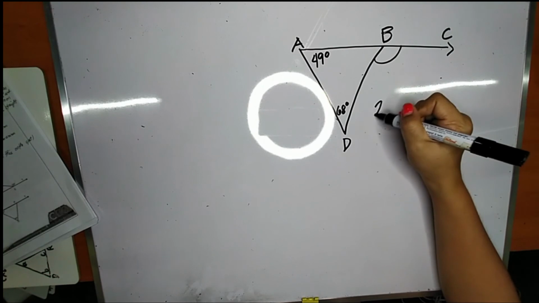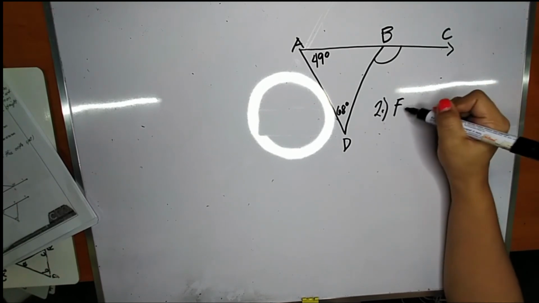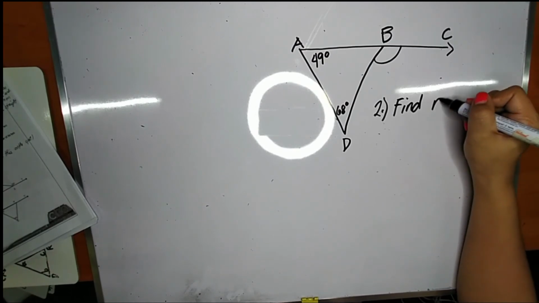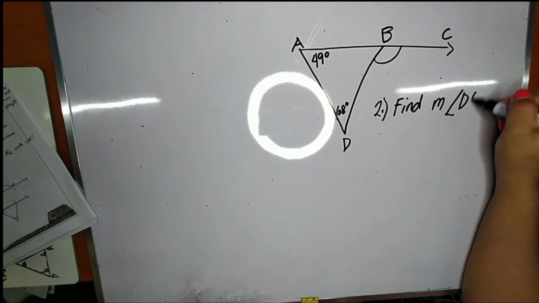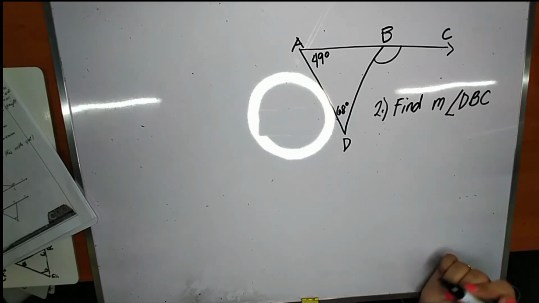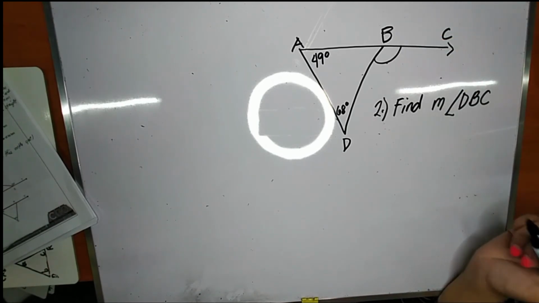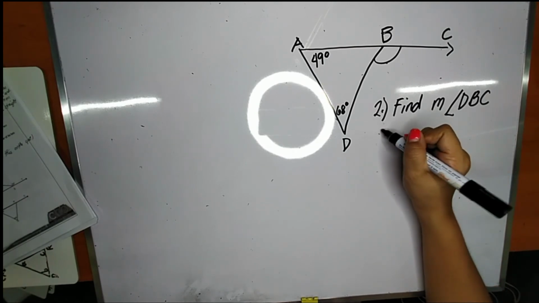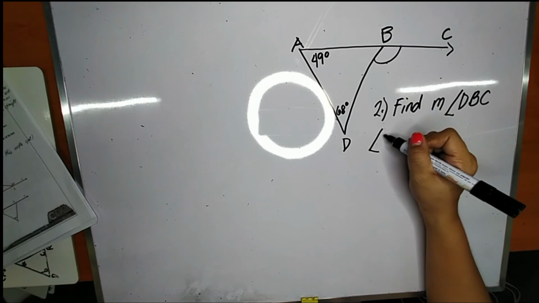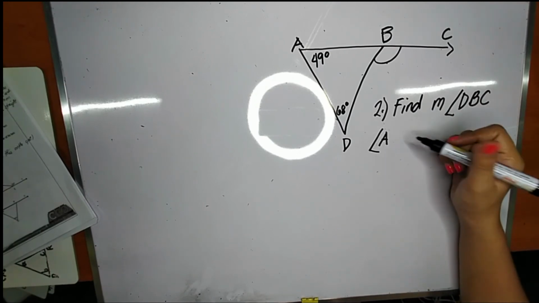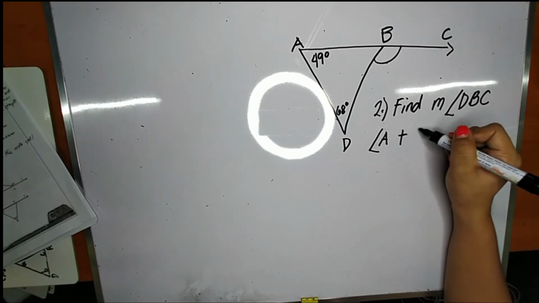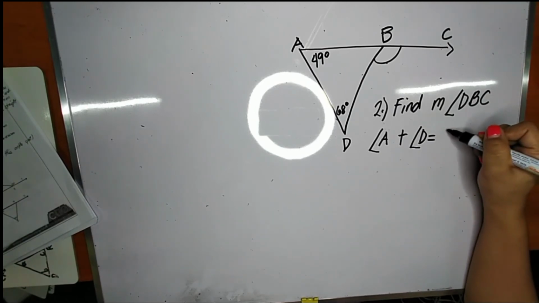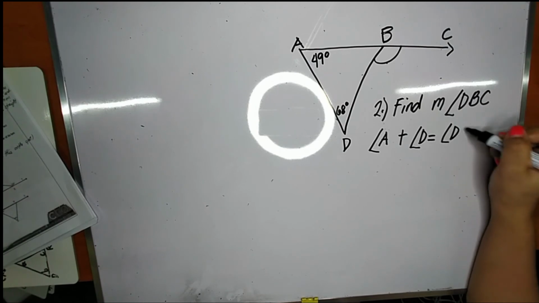Okay, so for the second example, find the measurement of angle DBC, the exterior angle. This one. According to the theorem, remember that the two remote interior angles, which in our figure are angle A and angle D, are equal to our exterior angle DBC.